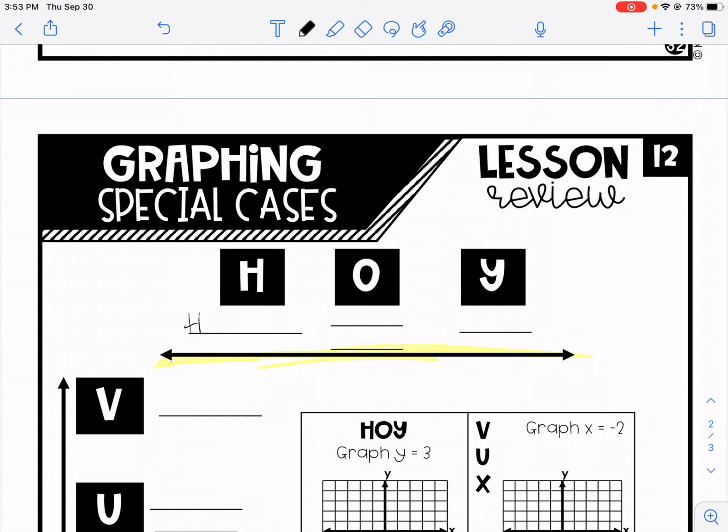Okay, so this HOY stands for horizontal, 0 slope, and y equals a number. So when you're given an equation and it says y equals 2, it means that it has a 0 slope and it has a horizontal line.